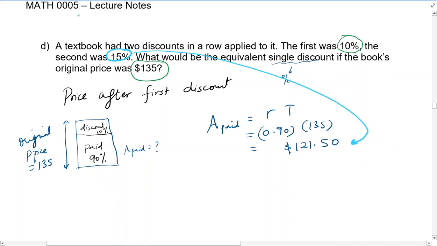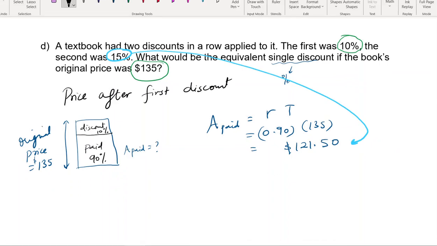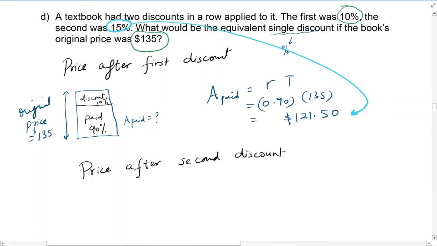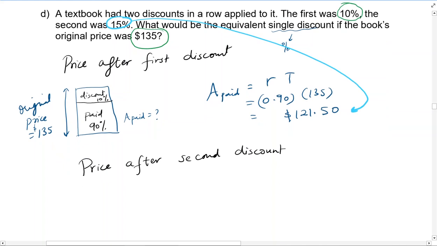The price after the second discount: the second discount is applied on the already reduced amount, which we found in the first step. So again, the situation is similar.